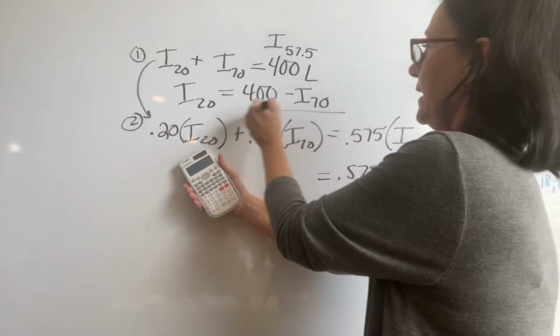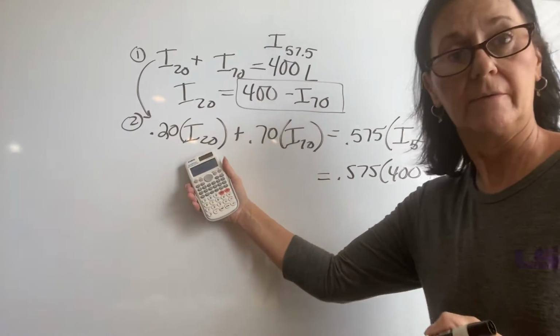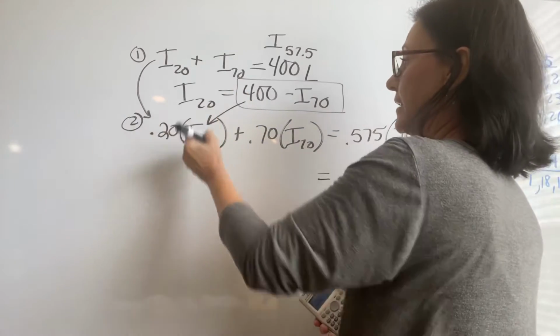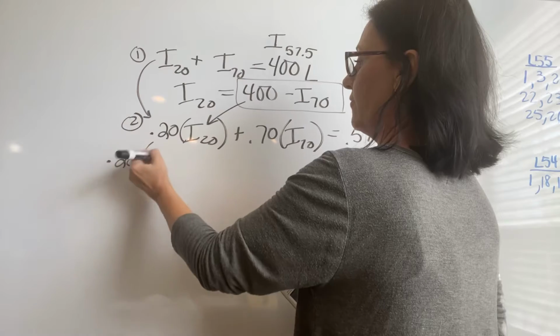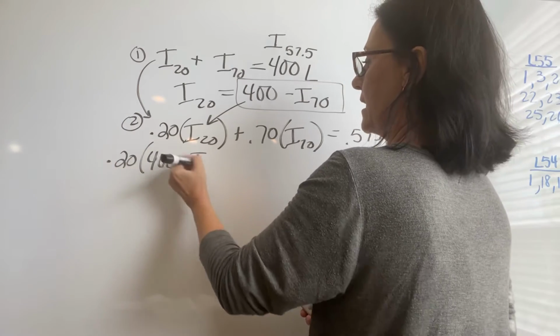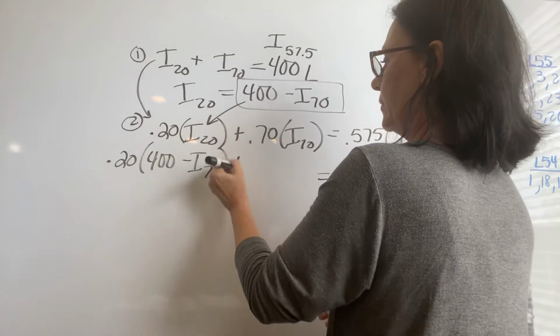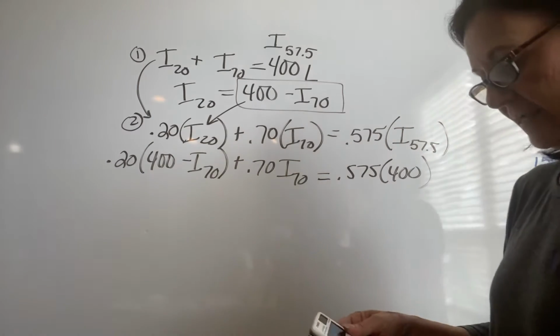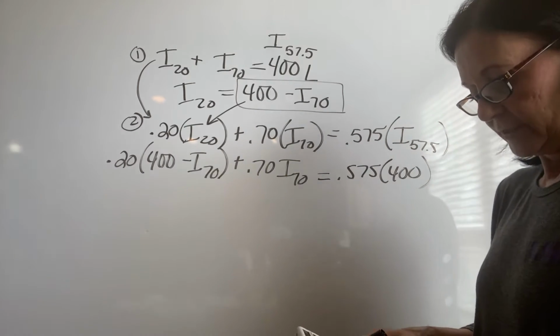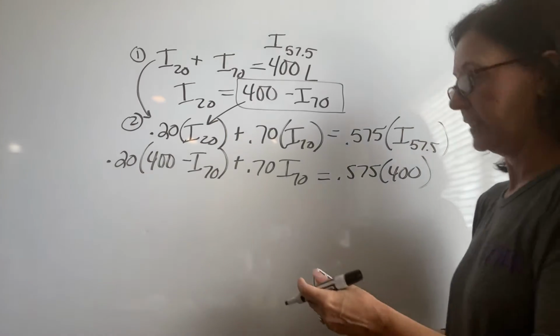For iodine 20, I'm going to substitute this in. So it'll be 0.20 times 400 minus iodine 70 plus 0.70 times iodine 70. 0.2 times 400 is 80.